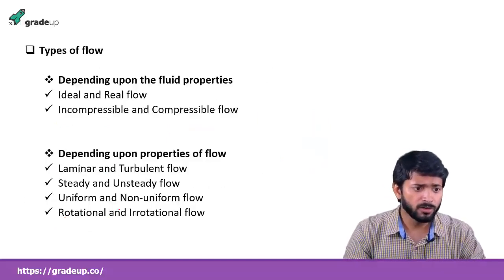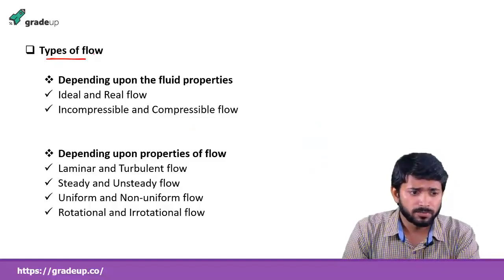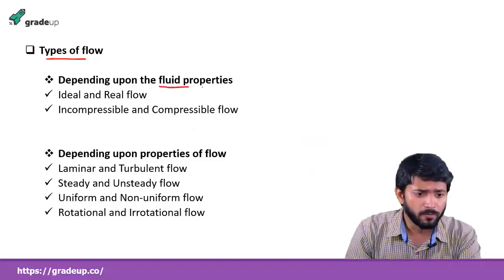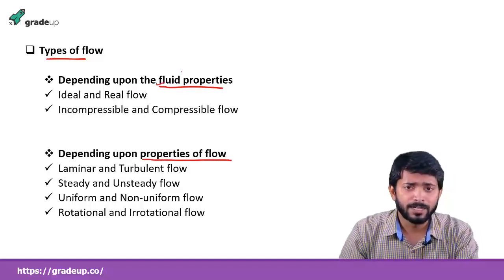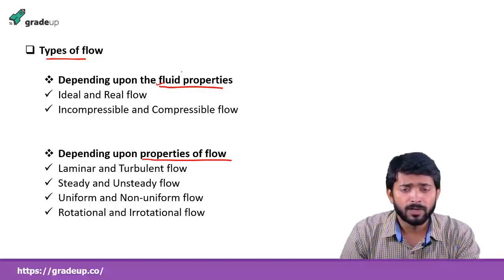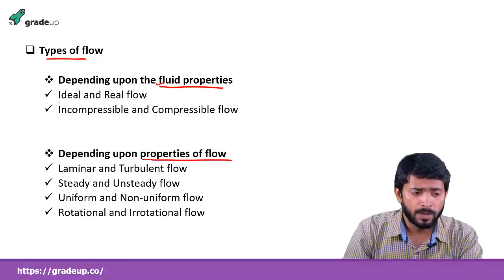Now moving on, there are various types of flows, depending upon the fluid properties or the properties of flow. The properties of the fluid that govern the flow describe two categories: one is ideal and real flow, and another is incompressible and compressible flow.